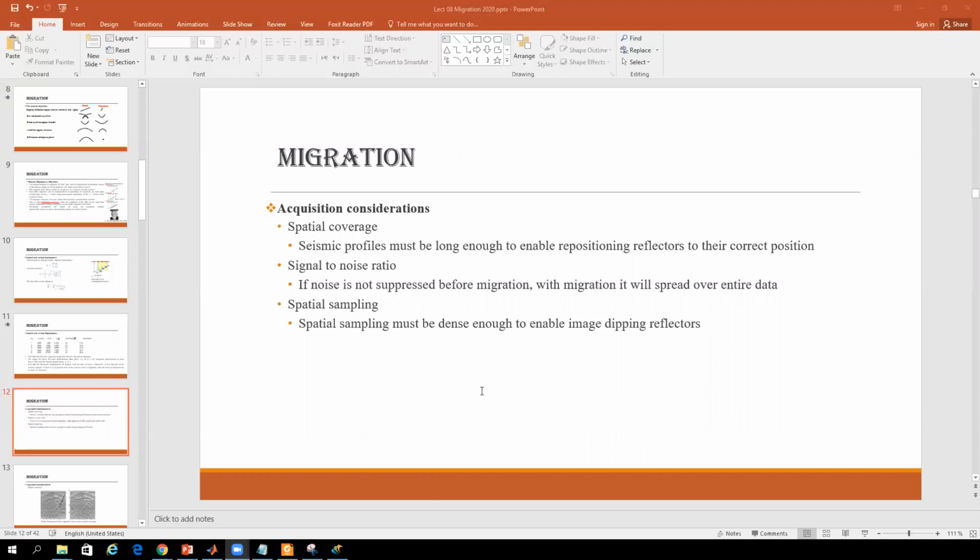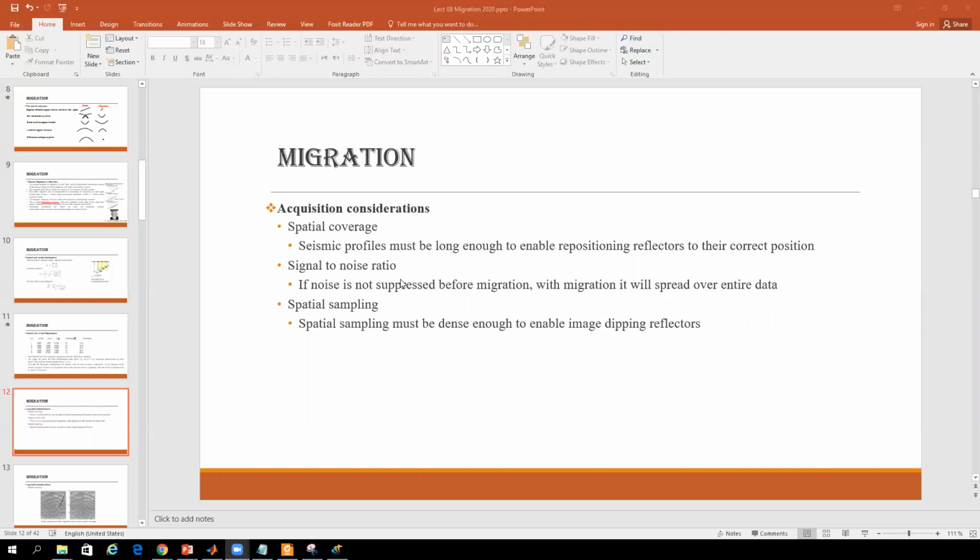We have to take some precautions and have a large spatial coverage so that our displaced events are located in the image which we got from the seismic. And also we have to get a very good signal to noise ratio, because this will improve the result of the migration and will produce better imaging conditions and results.